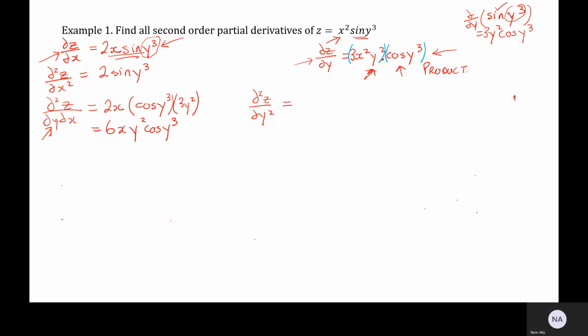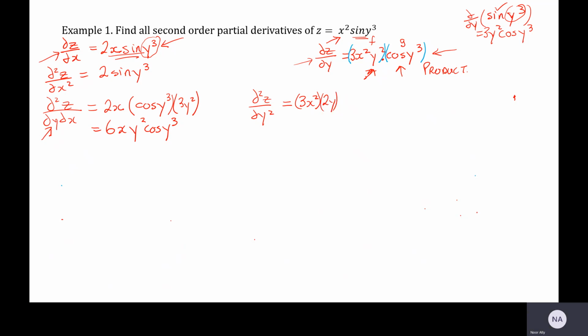So if that's my f and that's my g, in the f, I'm differentiating with respect to y. So 3x squared is the constant. Leave that. Differentiate y squared, and you'll get 2y.